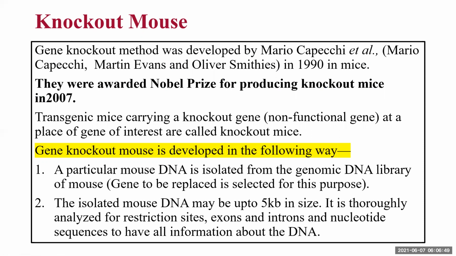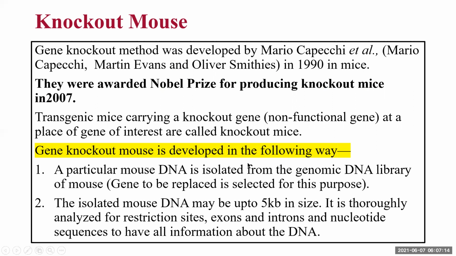But at what cost? The functional gene of interest of the mice is removed or replaced by a non-functional gene. Hence the transgenic mice which carry the knockout gene at the place of the gene of interest are called knockout mice.